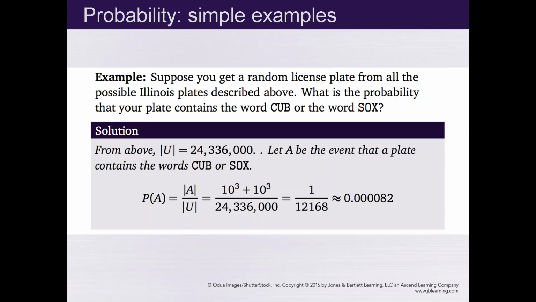That is going to be 10 to the third for Cub and 10 to the third for Sox. If I remember right, these were 3 letters and 3 digits, and so the 3 letters are locked in, right? C-U-B or S-O-X, but then the other numbers can be any of 0 through 9. So that's where you're getting 10 to the third for each one. And then because those are disjoint events, you add, and then you get that numerator, which then they simplified to get that last number. So a very, very small chance of happening.